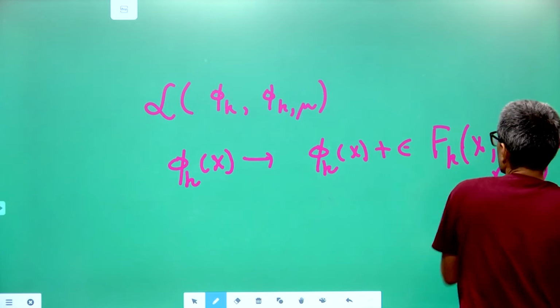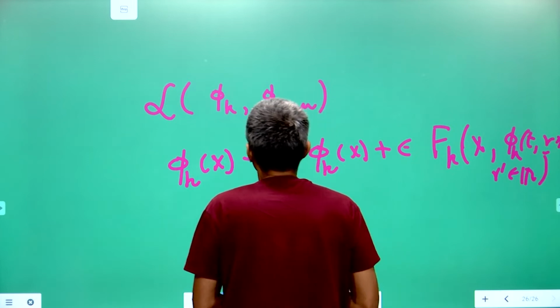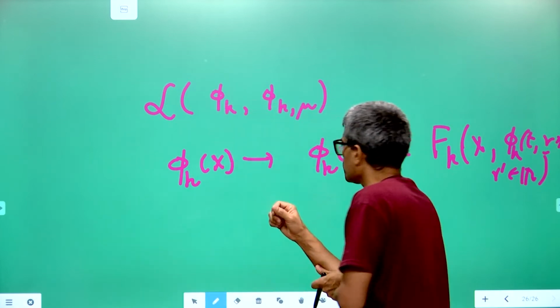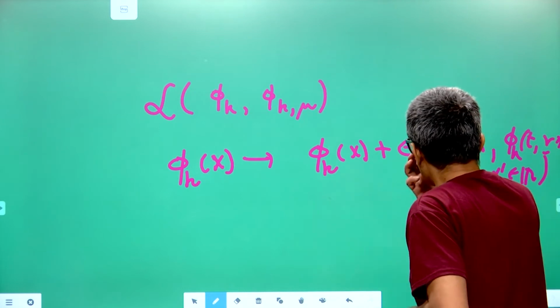Suppose it is an infinitesimal transformation under which this Lagrangian remains invariant. That means you could have a group of transformations of the field space under which this Lagrangian remains invariant.